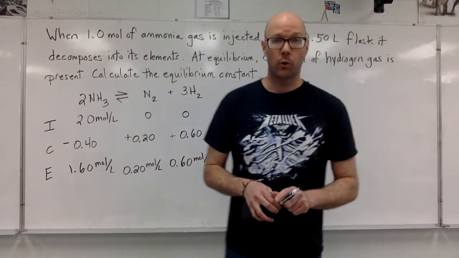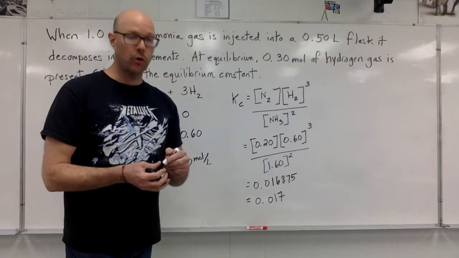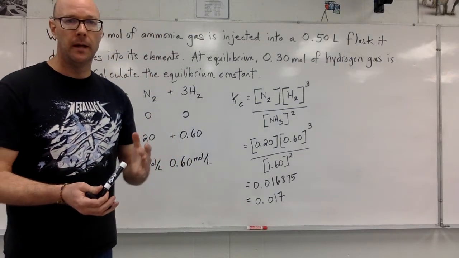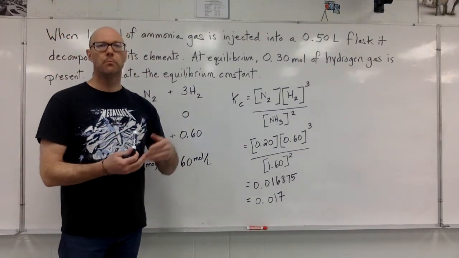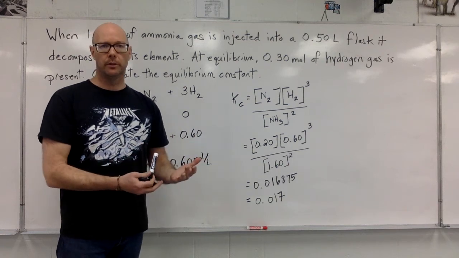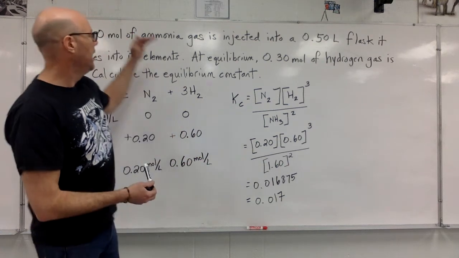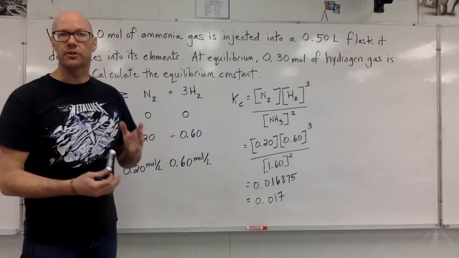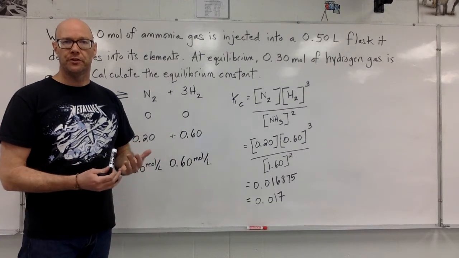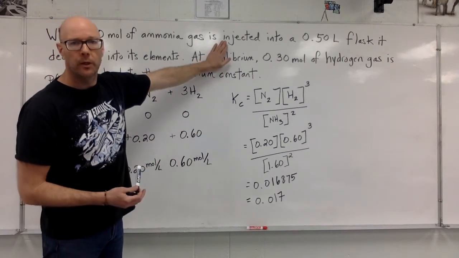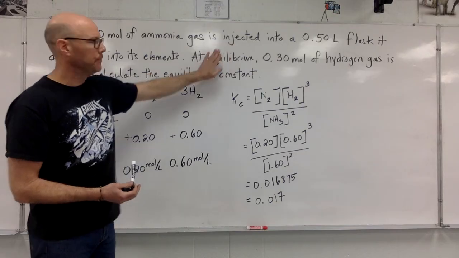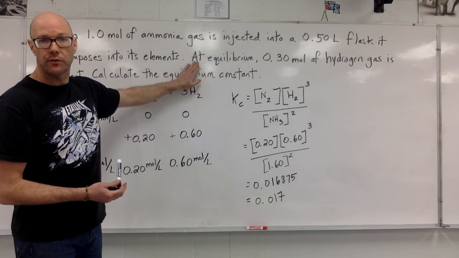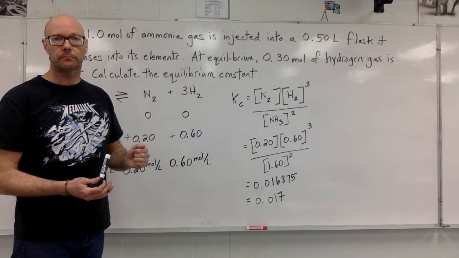This is an icebox question because it describes an initial setup that's allowed to change before eventually arriving at equilibrium. This style has the information distributed across two sentences, where the first sentence has some key words that describe the initial setup, and the second sentence starts with this phrase, at equilibrium.